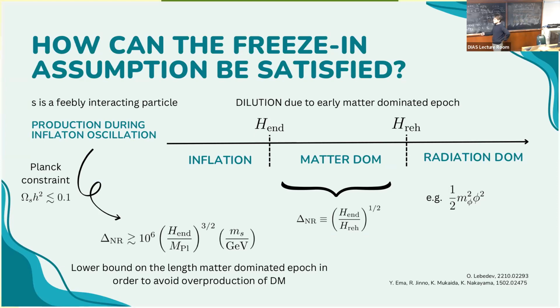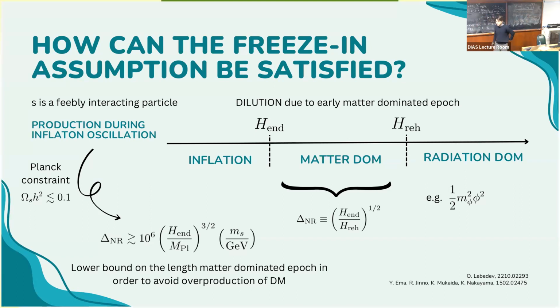We can translate the bound on the mass that I showed you before into a bound on this length. Given the Planck constraint, this needs to be bigger than 10 to the 6 in these units in order not to violate the observation. So practically we get a lower bound on the length of this early matter-dominated epoch.